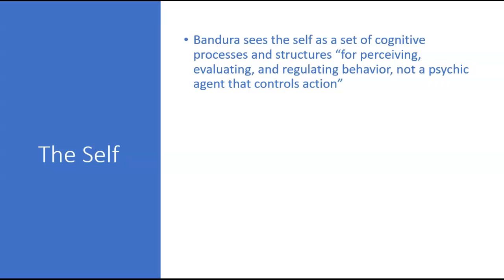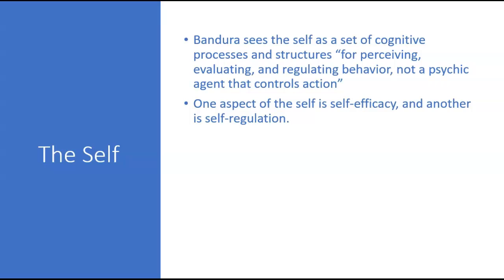Remember triadic determinism. You have the active mind making sense of the social context, the world, the environment, and then your behaviors in it. So he saw us as actively perceiving beings, and that really defines the self for him.